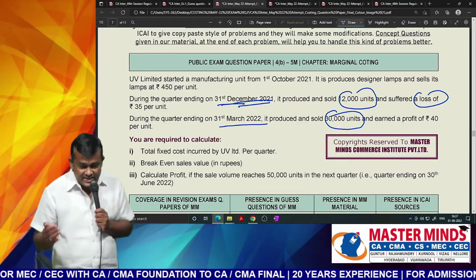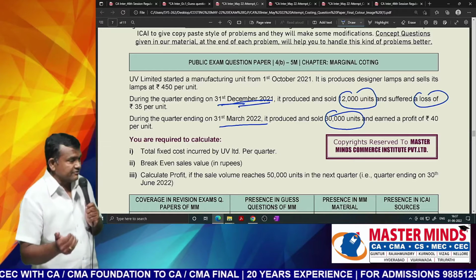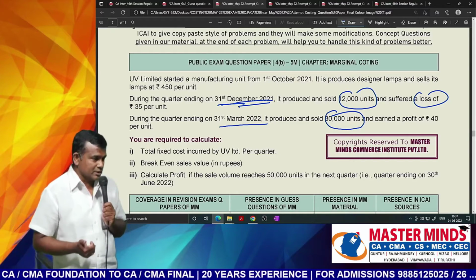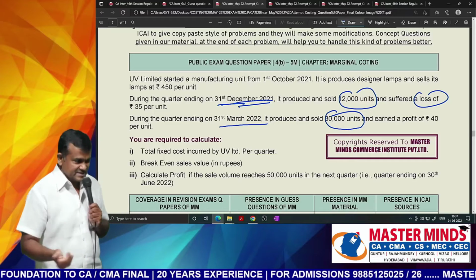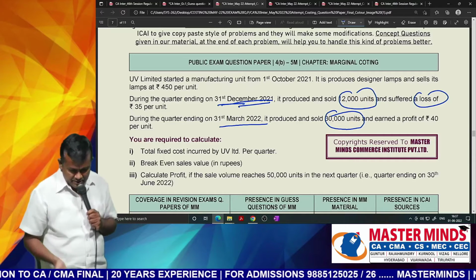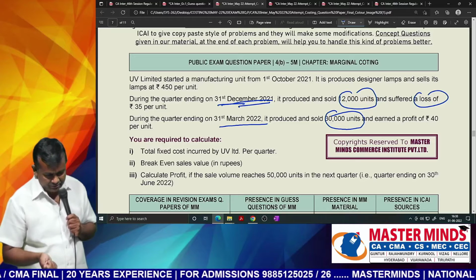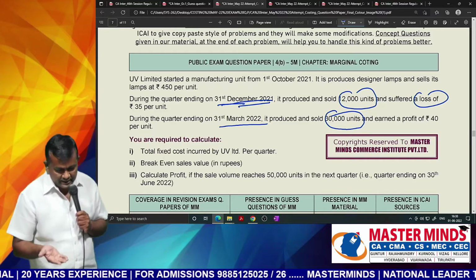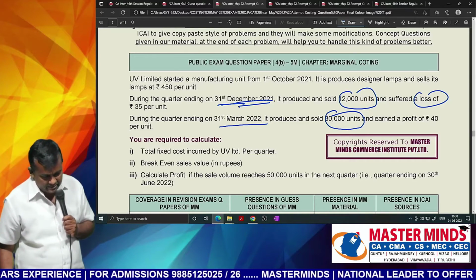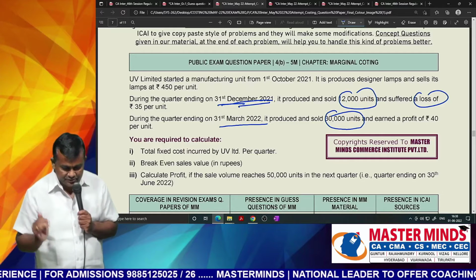So sales and profits are given at two different volumes. In that case, first we have to calculate the PV ratio, next fixed cost, next BEP. Same here: total fixed cost incurred by UV Limited per quarter, next break even sales, next calculate if the sales volume reaches 50,000 units in the next quarter.